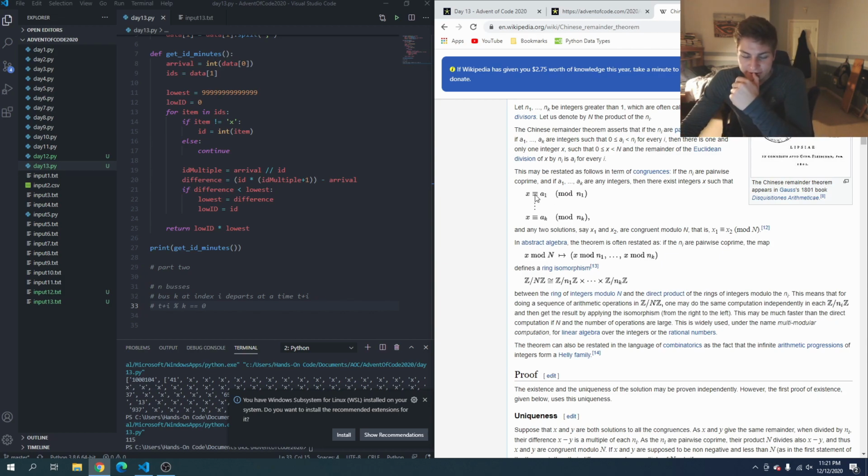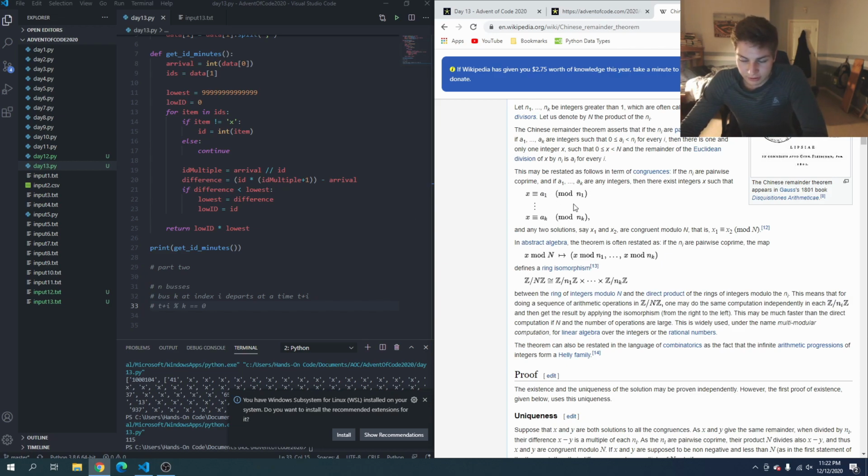Yes, okay, so in our case, we have t and I, mod k, where t stays the same and we have different indexes mod a different bus ID for a whole set here.